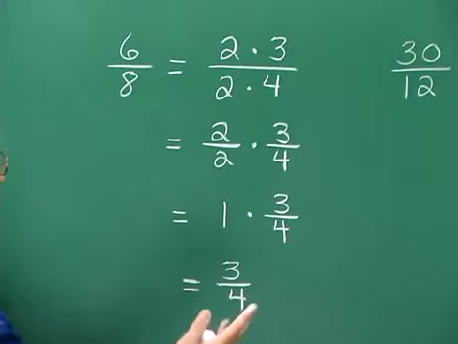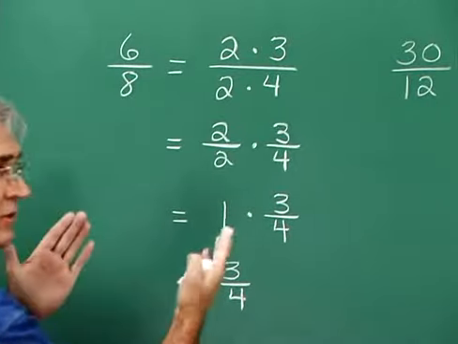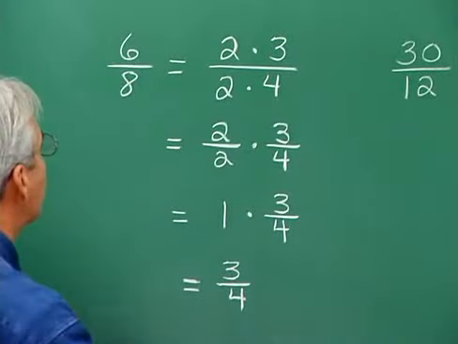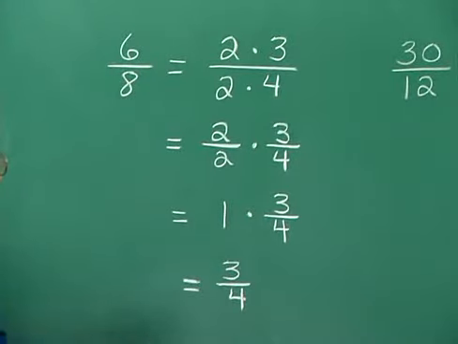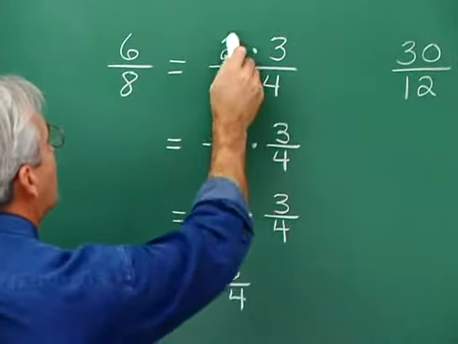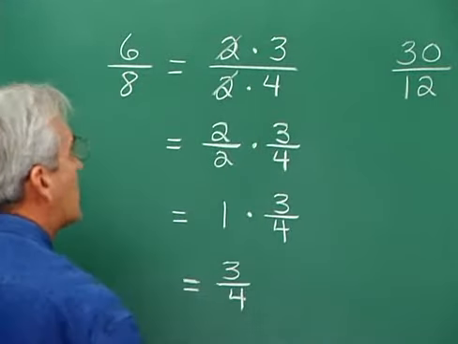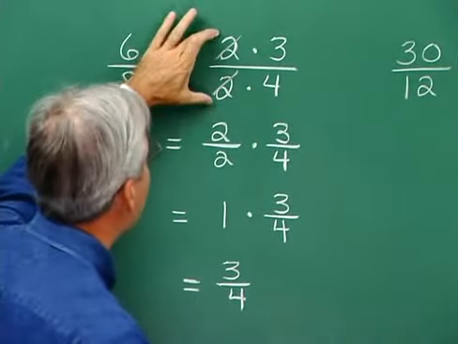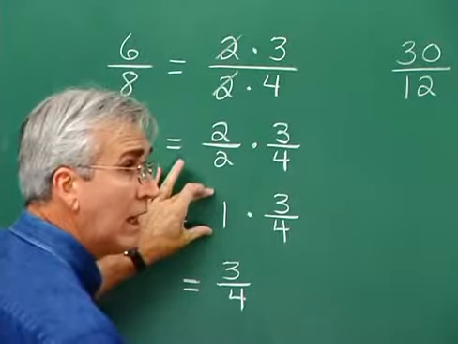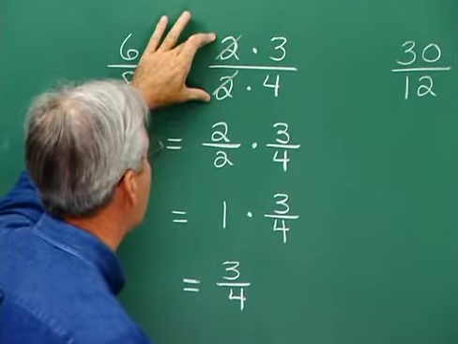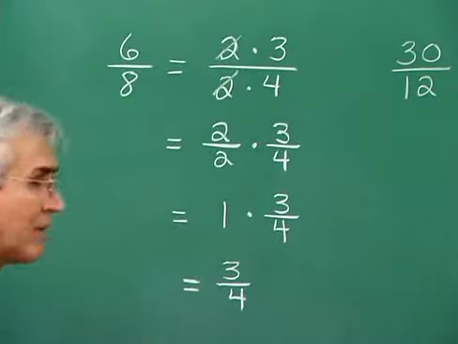Now, we don't go through all of this when we reduce fractions, and that's what we call this, reducing the fraction. We'll end up thinking about the 2's as canceling like this, because they become 1. So we can just cancel them like this and write the fraction 3/4.